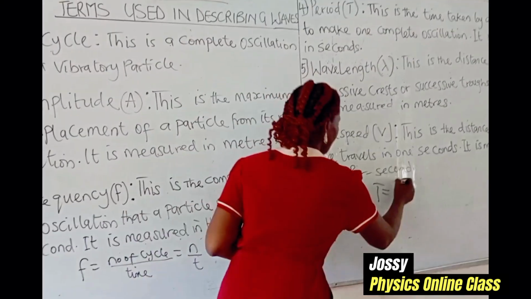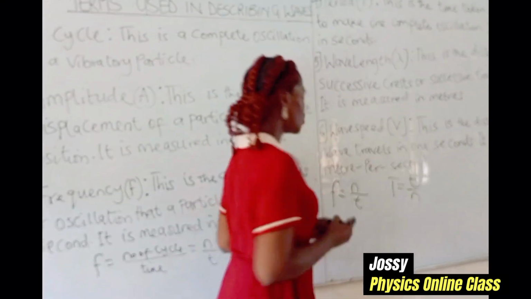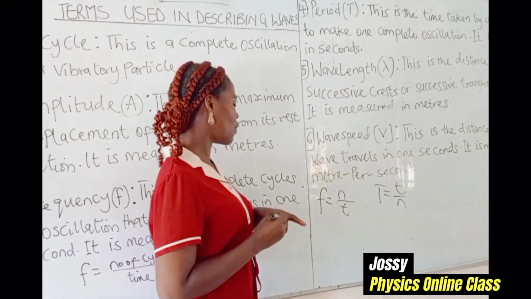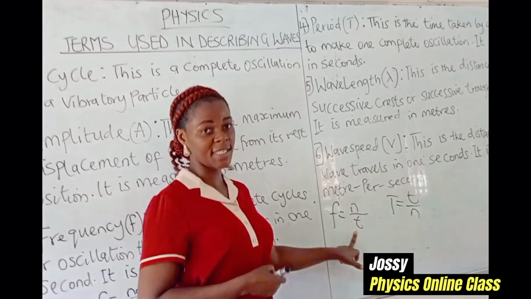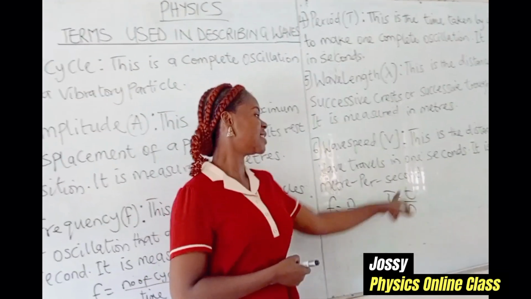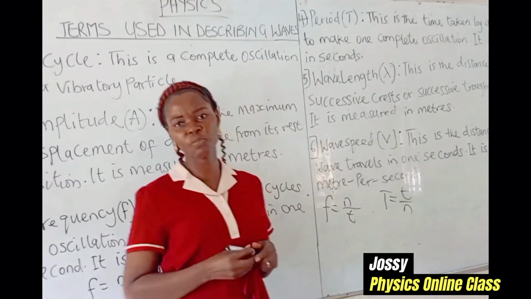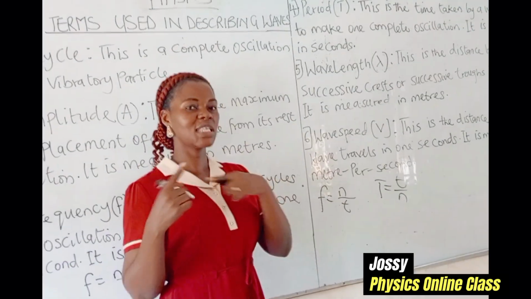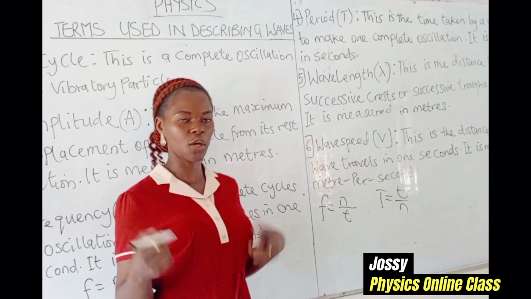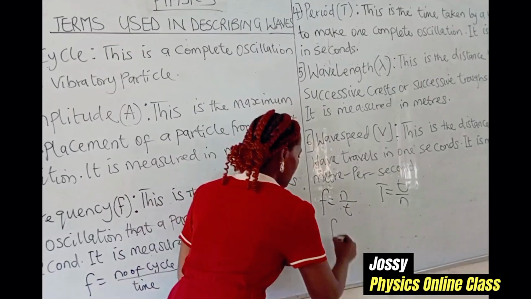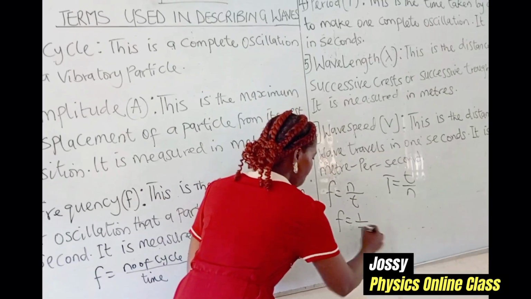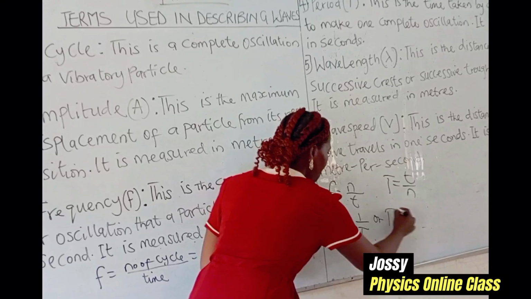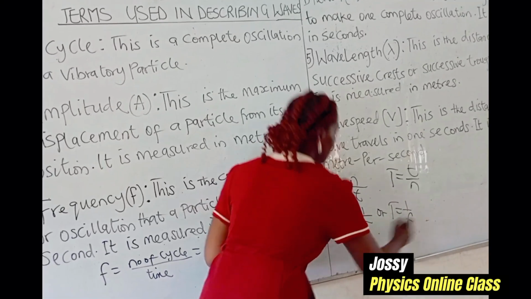So if the frequency is n over t, whereas the period is t over n, there's a relationship between them. In other words, both of them are inversely proportional to each other, which means that frequency is the inverse of period, or period is the inverse of frequency.